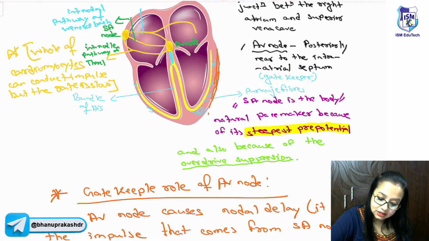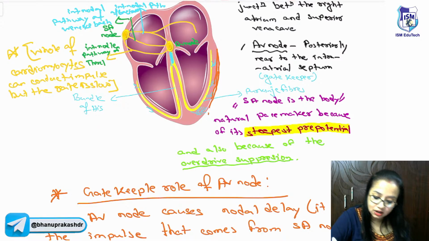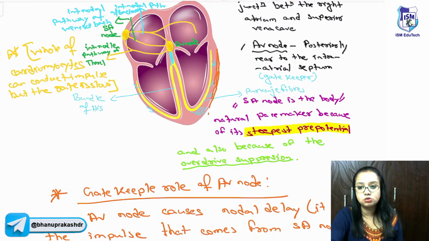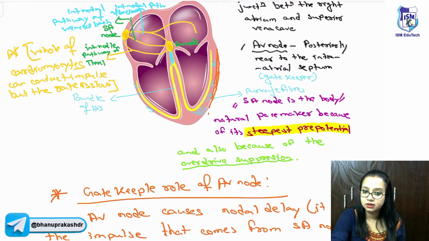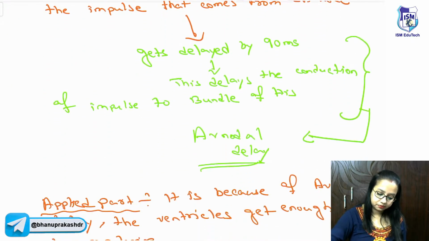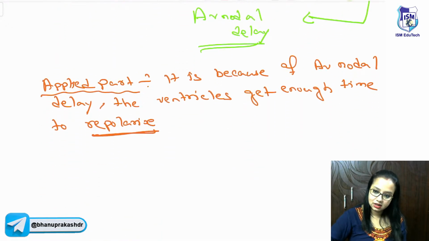And the anterior most is called the internodal pathway of Bachmann. Now, this is the right atrium where the SA node is located. From the right atrium to the left atrium, the impulse is also passed via the anterior bundle of the internodal pathway of Bachmann. We will have an idea of all of this through ECG in tomorrow's class. Okay, this is how the impulses are conducted.